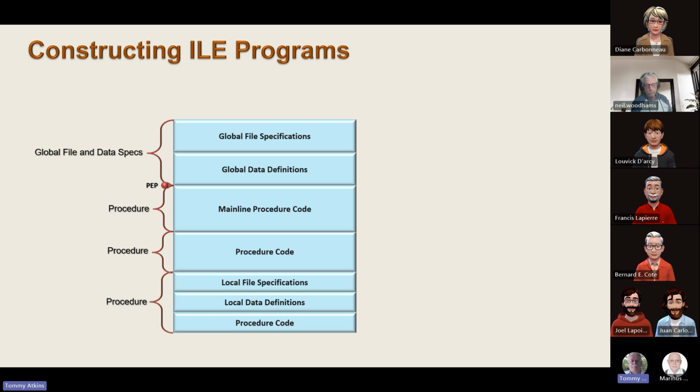you may not need to specify them globally, because remember, when you open a file, and of course, if you're working with linear main and particularly with local file specs in procedures, you have to open them and you have to close them.